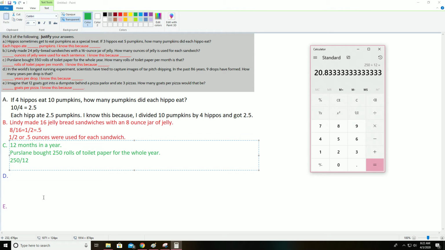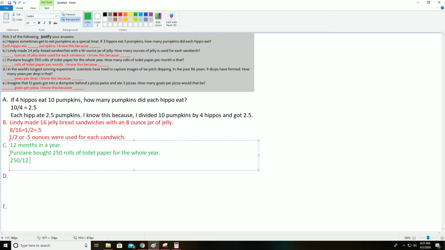I'm going to keep it with a decimal, and let's just say this equals 20.83, and if we're rounding, 20.9 rolls per month. So out of all 250 that were bought for the entire year, 20.9 rolls will be used per month.